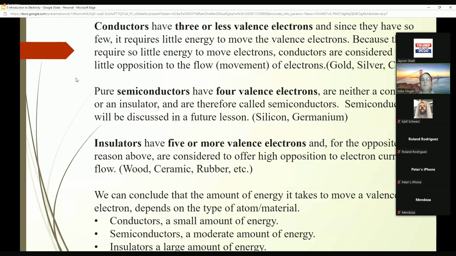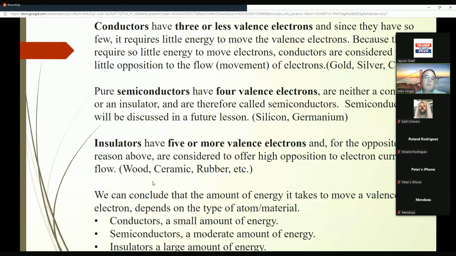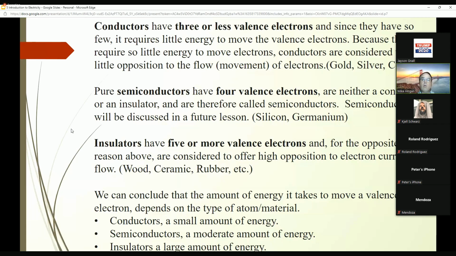If you look at some of the examples, a conductor, obviously what we know, gold, silver, copper. You look at insulators, ceramic, rubber, very common to use those. And then if you're right in the middle, so you've got 4, so it's not 3 or less, so it's not a conductor, it's not 5 or more, it's not an insulator, it's 4, it's a semiconductor, which has this unique property of being able to conduct once a certain potential is overcome.